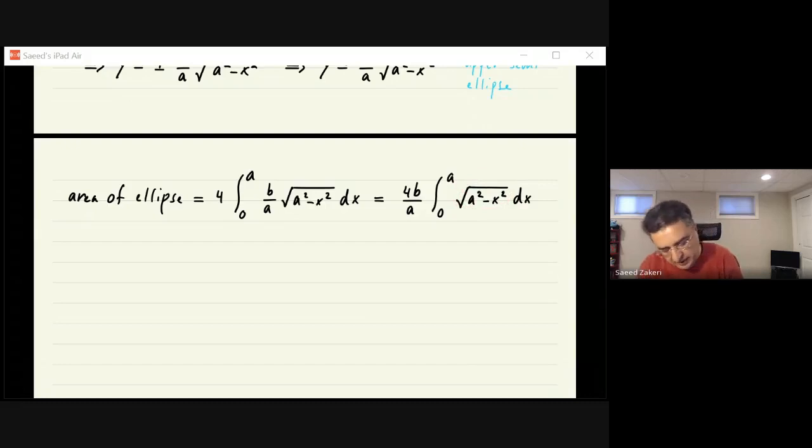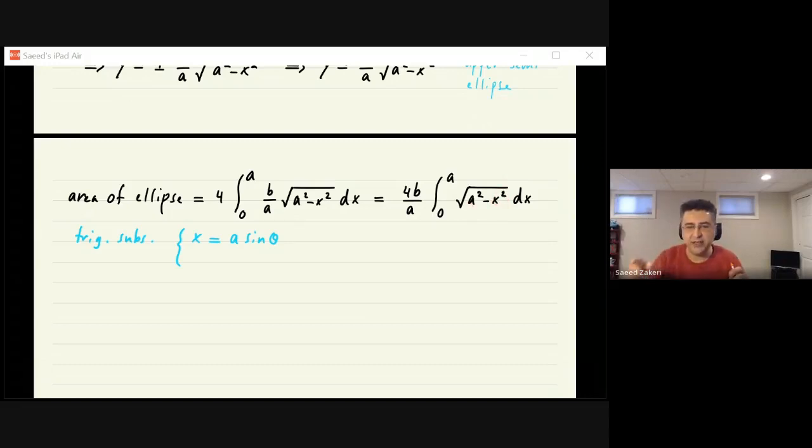So if you remember, for this, the appropriate trig substitution was x equals a sine theta. The reason being, if I put a sine theta here, x squared will be a squared sine squared, factor a squared.